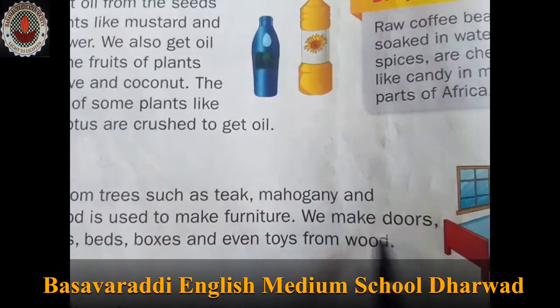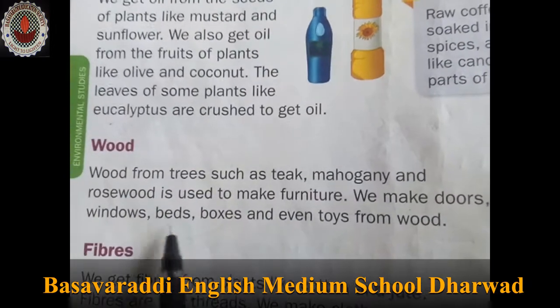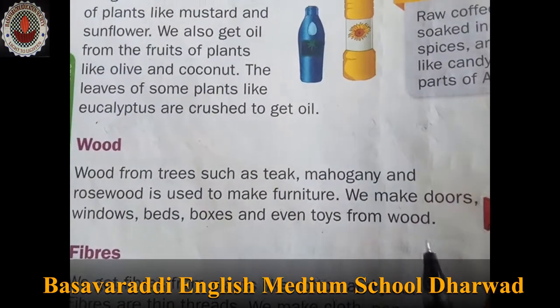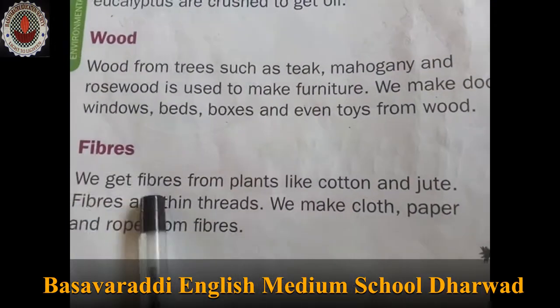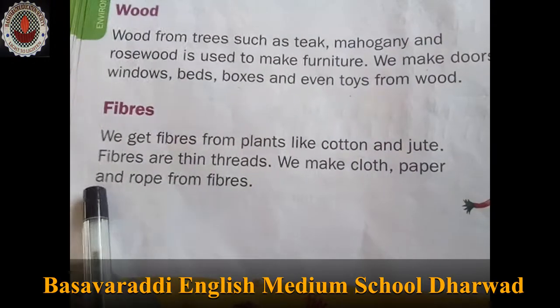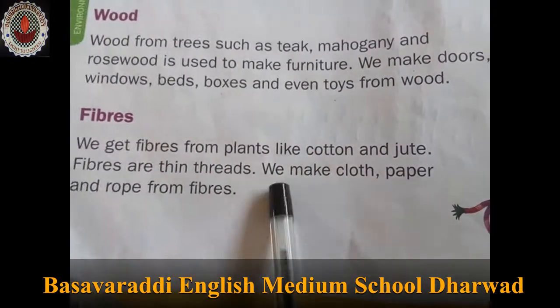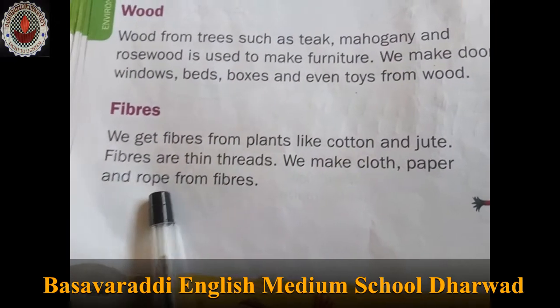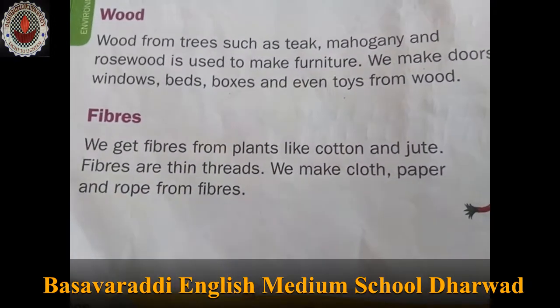We make doors, windows, beds, boxes and even toys from wood. We get fibers from plants like cotton and jute.